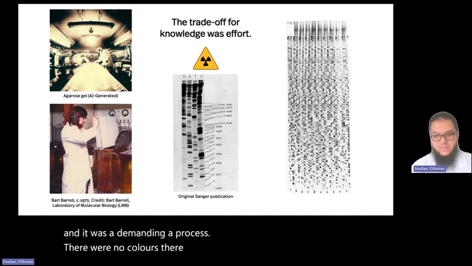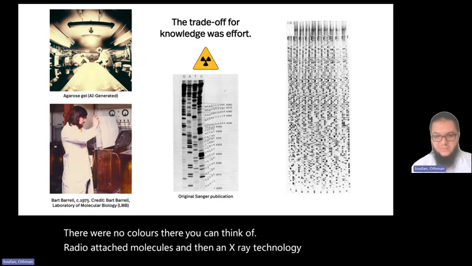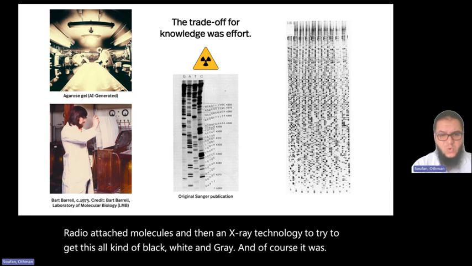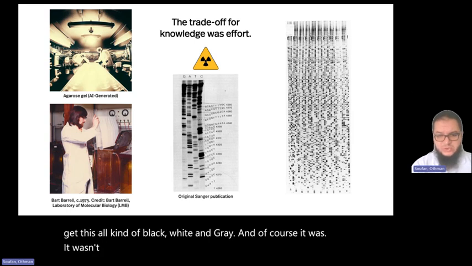You can think of radio-attached molecules and then X-ray technology to get this all in black, white, and gray. And of course, it wasn't easy to do or as accurate as compared to the next version.